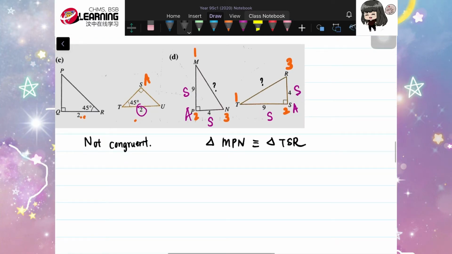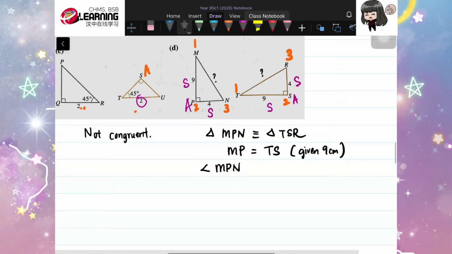Then next is the reason. The reason is SAS, right? Side, angle, side. So first side, MP equals TS, which is given 9 cm.